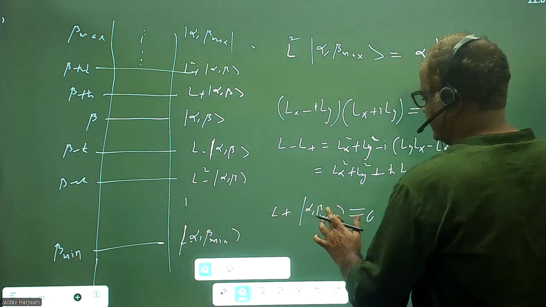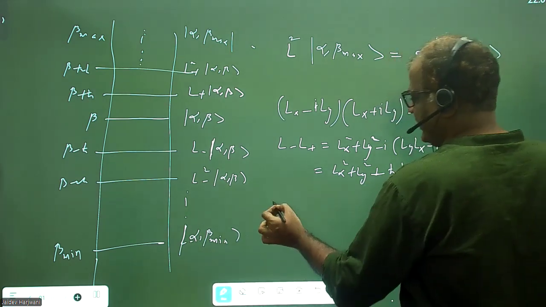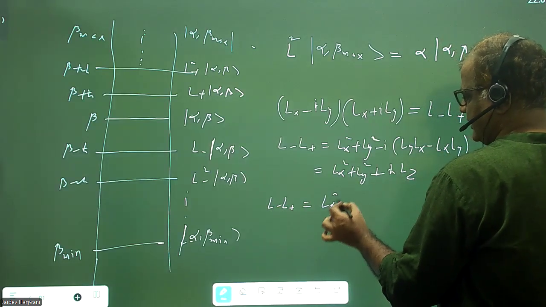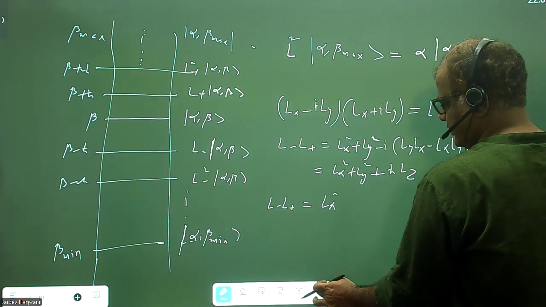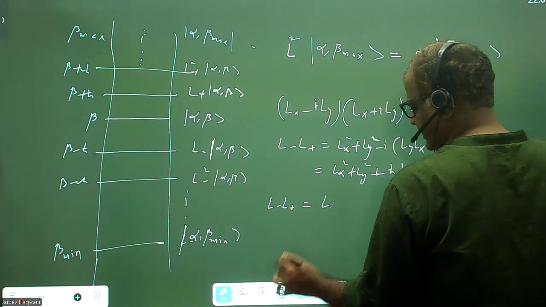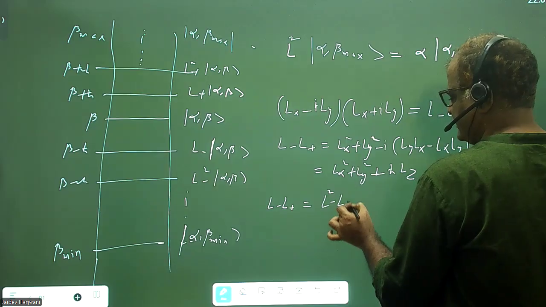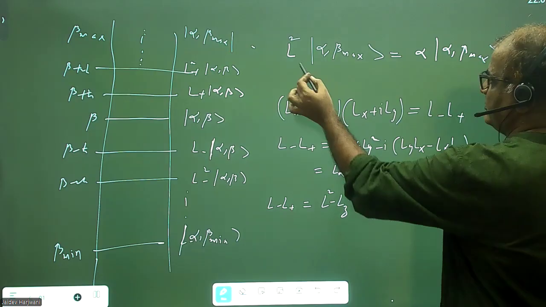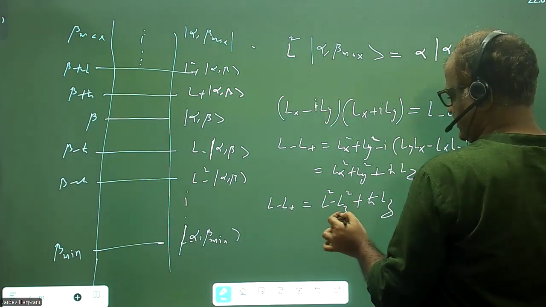Now I can write L minus L plus equal to L square minus Lz square, and then you have h cut Lz, and now we are going to operate this on L square.